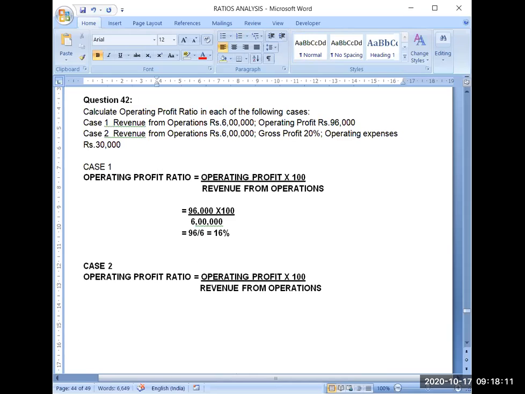Now, revenue from operation we know, but we need to calculate operating profit.